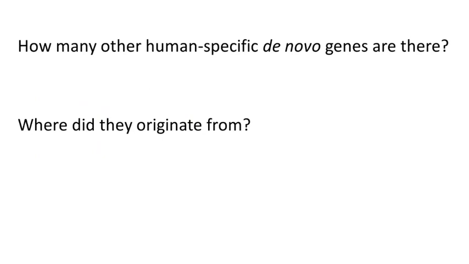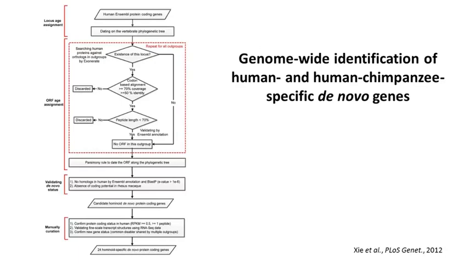So after we discovered a human-specific de novo protein coding gene, FLJ33706, we wondered how many other human-specific de novo proteins there are, and where did they originate from? To study these questions, we first had to develop a bioinformatics pipeline for the genome-wide identification of human-specific de novo protein coding genes.